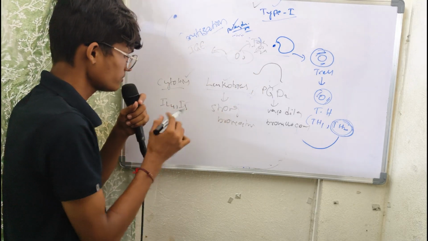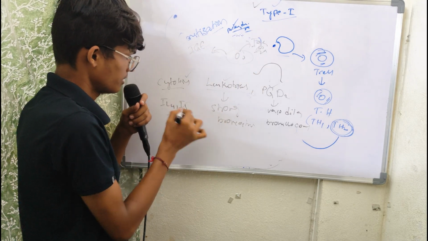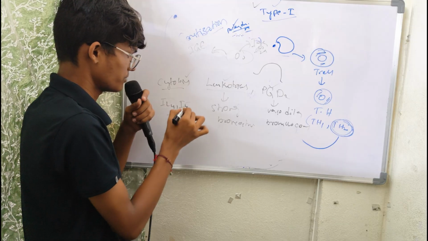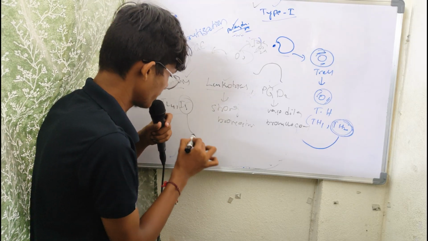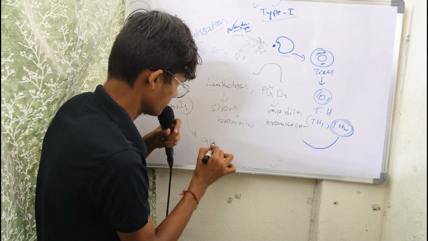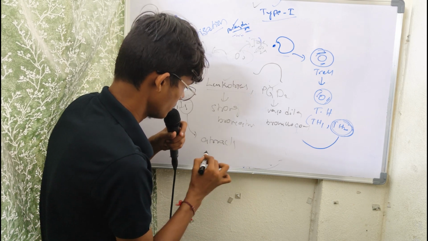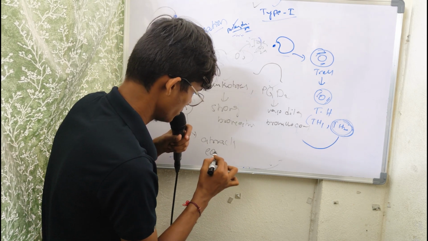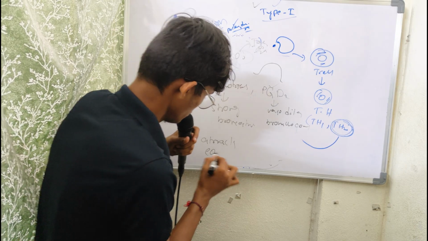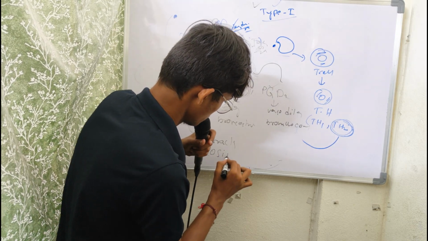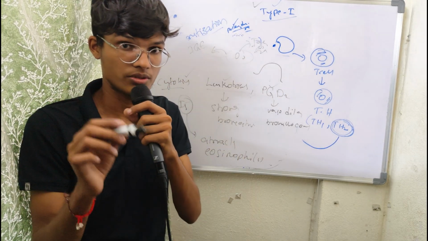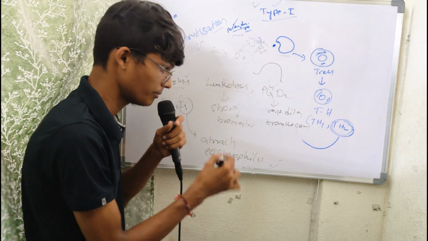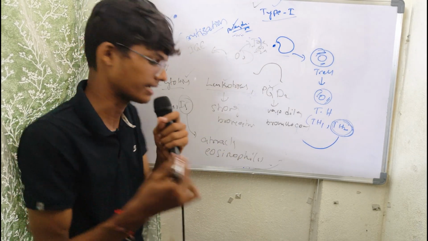Okay, and here interleukin 4 is finished, and now interleukin 5. This interleukin 5 attracts eosinophils. We know that eosinophils are mediators in allergic reactions.